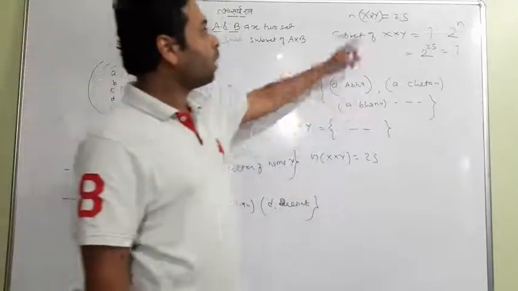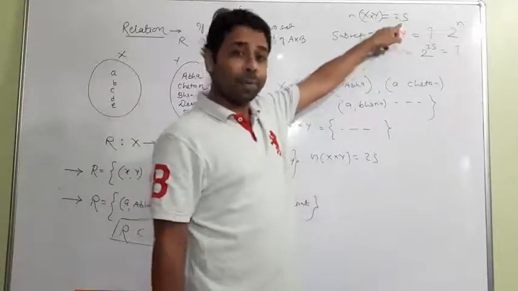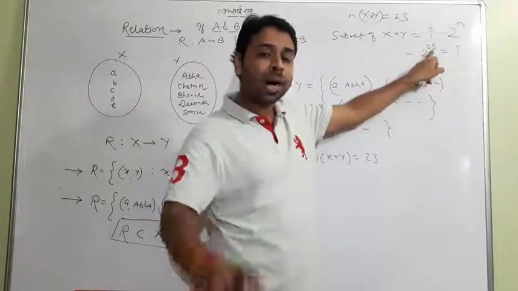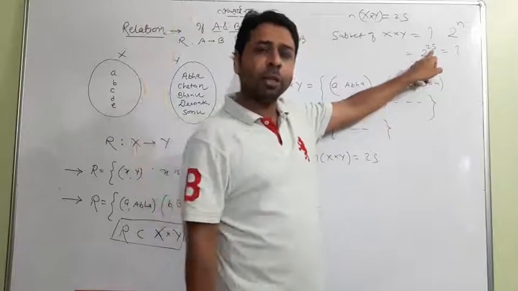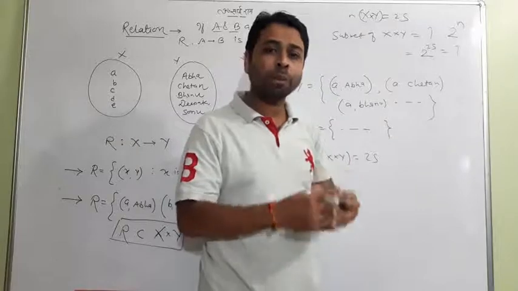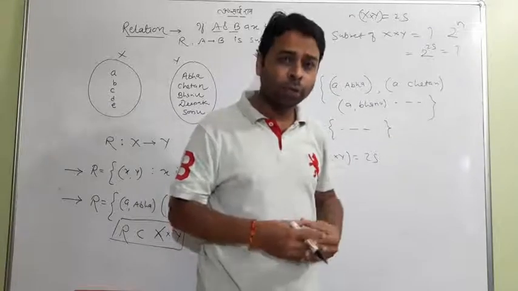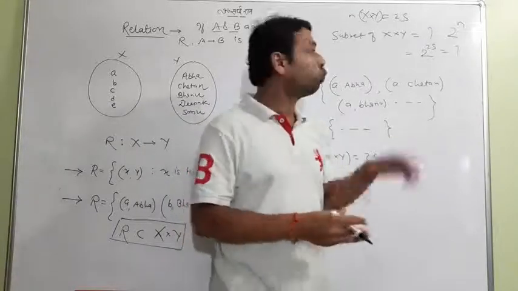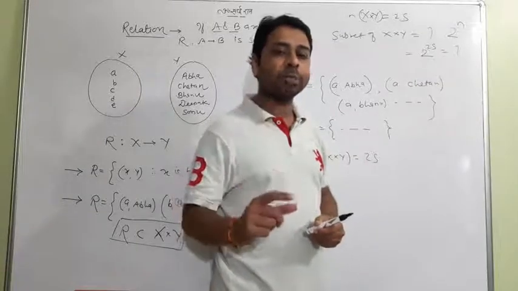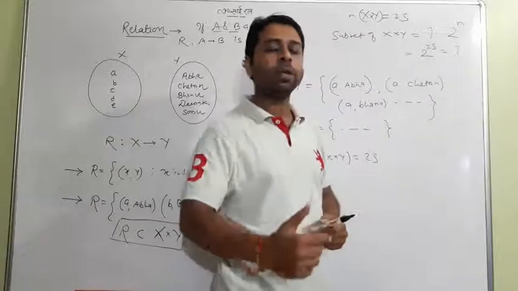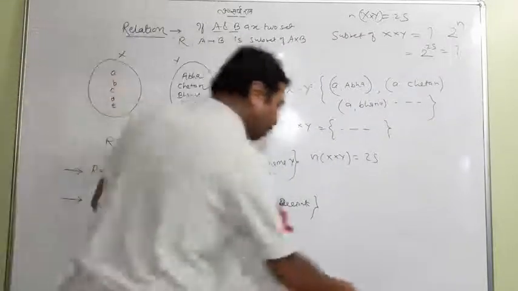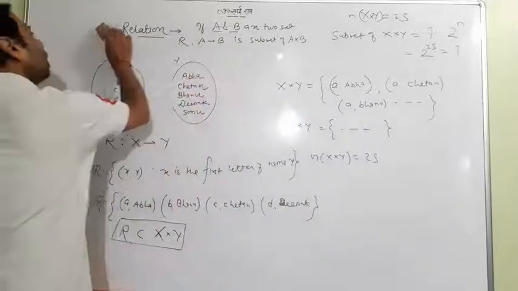In x cross y, how many elements? 25 elements. How many subsets? 2 to the power 25. We cannot count it, it is definitely very large, but we must know the concept. How many relations can we create from x to y? 2 to the power 25. Meaning that many subsets in x cross y, that many relations you can find from x to y. So keep this very important sentence in mind.